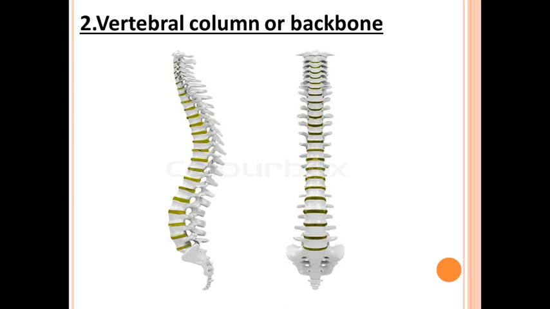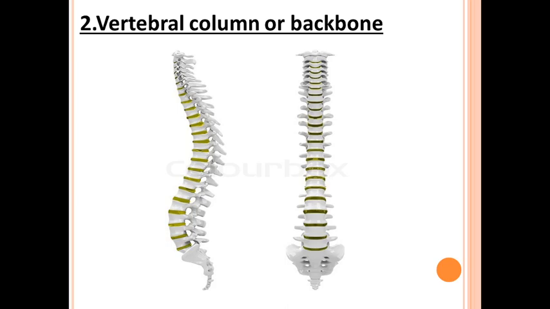This vertebral column is made up of 33 small bones. All the bones are connected by cartilages and together form a cavity. This cavity encloses and protects the spinal cord. So inside this backbone something else is present, that is the spinal cord.